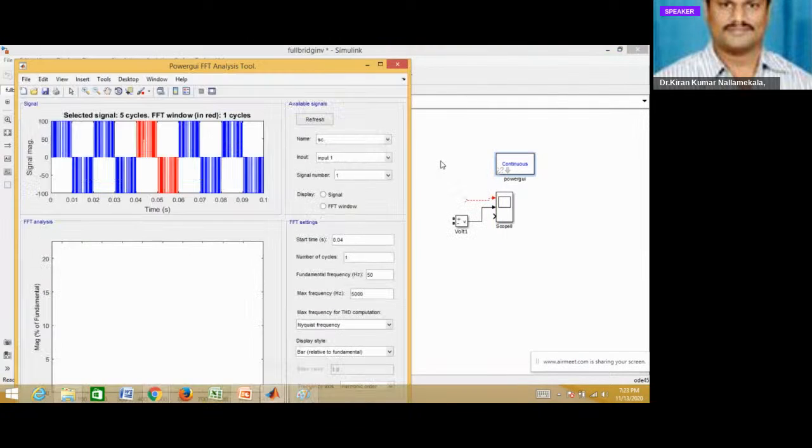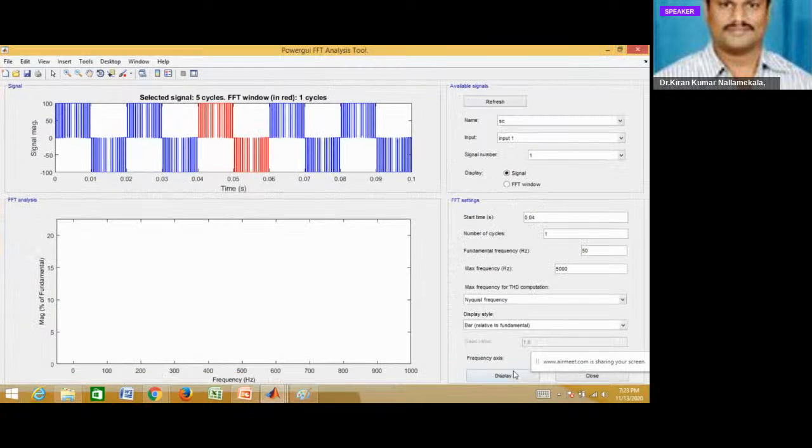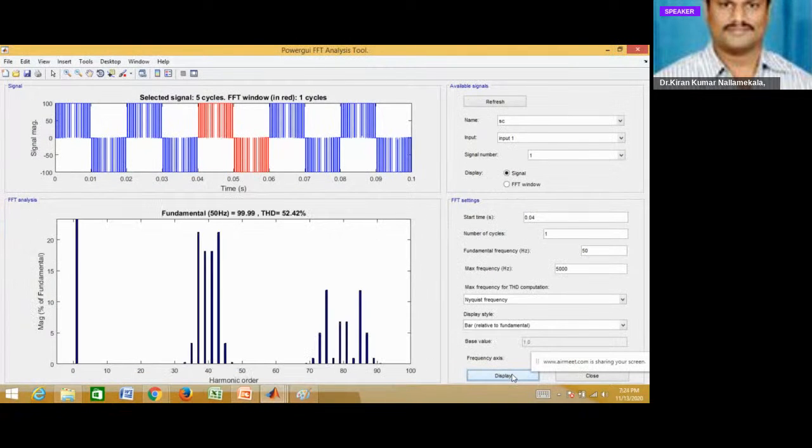FFT analysis. We are starting from 0.4 only, and run the simulation. See how beautiful the harmonic spectrum is. From 0 to 40, almost 35, there is no harmonic component, not even a single harmonic component of 1%.